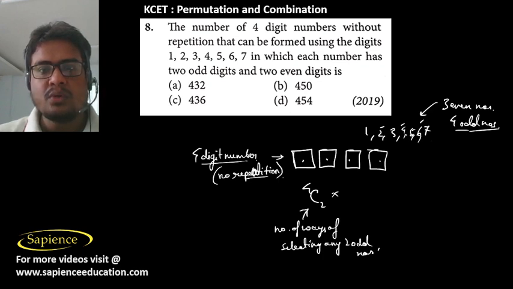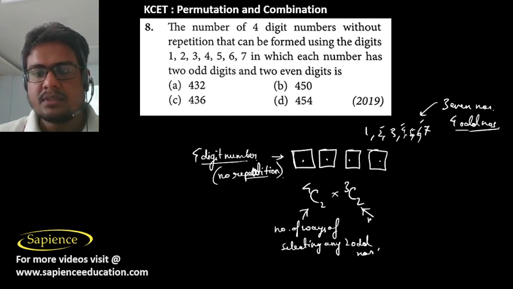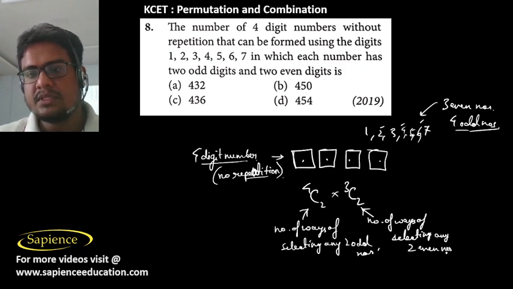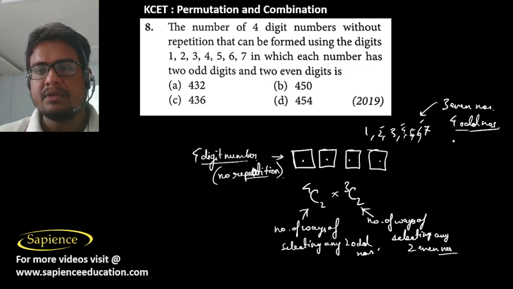And two even digits also should be there. So by 3C2 ways I can choose this. 3C2 is the number of ways of selecting any two even numbers out of these 3 even numbers, and into 4 factorial, since these 4 digits can be arranged in 4 factorial ways.